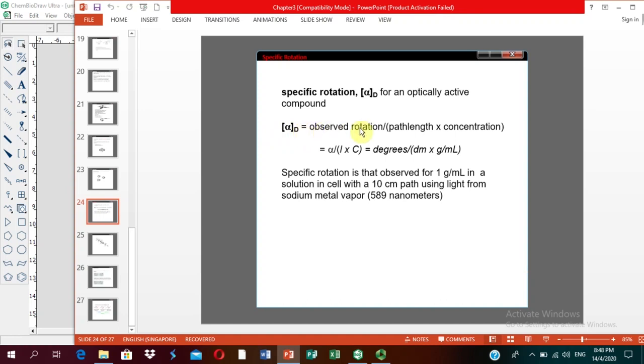It is the formula: observed rotation, basically you will see this value using a polarimeter, divided by path length and concentration of the sample. Okay. So the specific rotation is the observed rotation for 1 gram per ml in a solution cell with 10 cm path. The length of the cell is 10 cm.